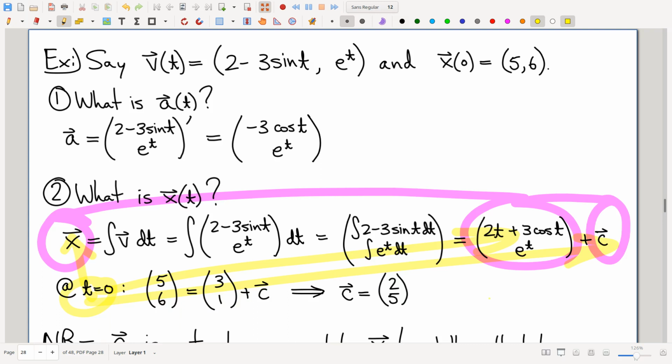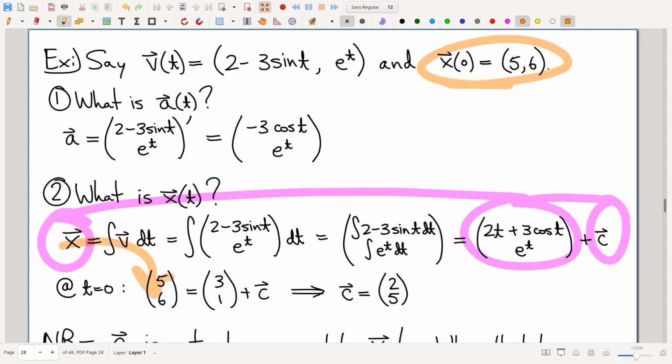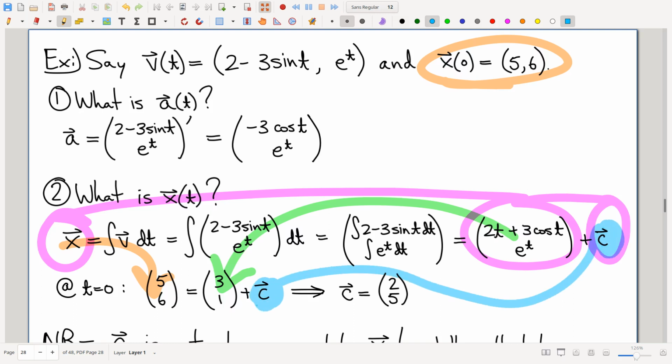Plugging in t equals 0, that becomes 5, 6. And this business here, if you just plug in the numbers, you get 3, 1. The constant that we're actually looking for is a constant, so it doesn't change when you set t to be some value. It's always the same.